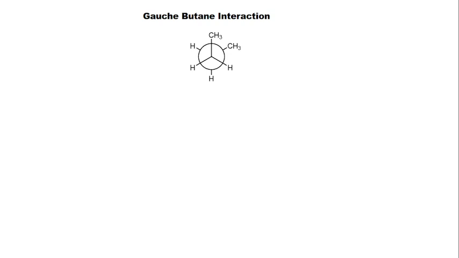Then another thing, that is the gauche-butane interaction. So we are almost done with that. Let us visualize that. If we look at this, basically this is the Newman projection of butane: CH3, CH2, CH2, CH3.